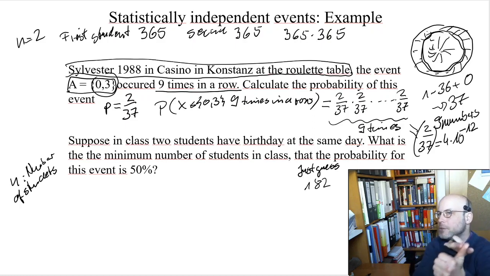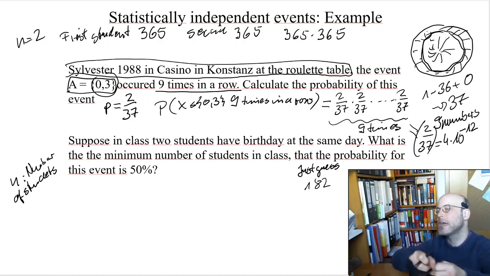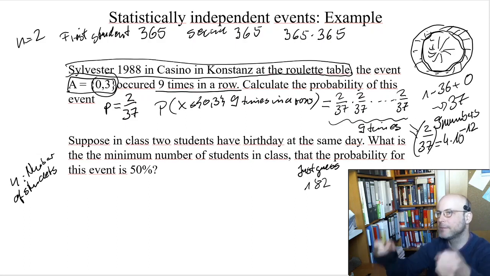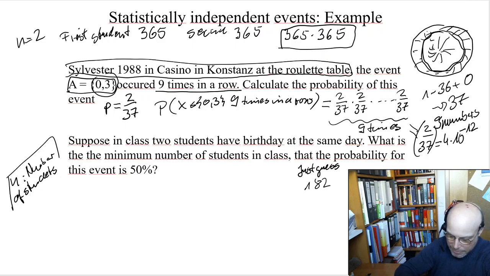Then the first student has his birthday on the 2nd of January, again 365. So we have to sum up and we get that we have to multiply 365 by 365. So then, how many possibilities do we have if we have n students?